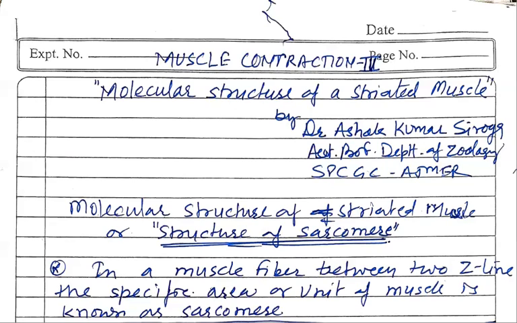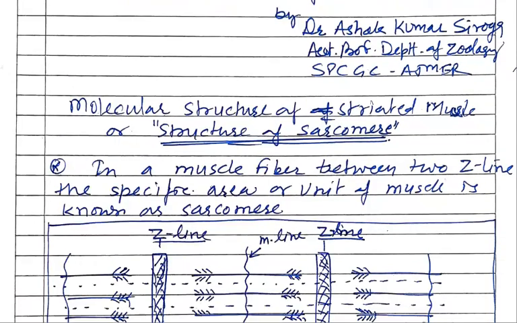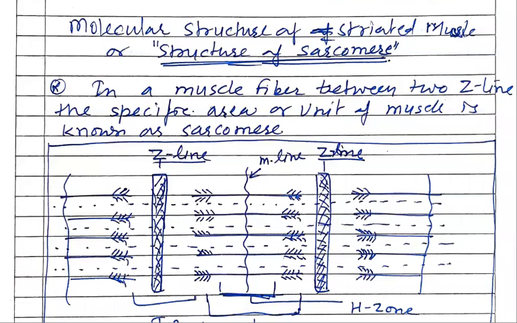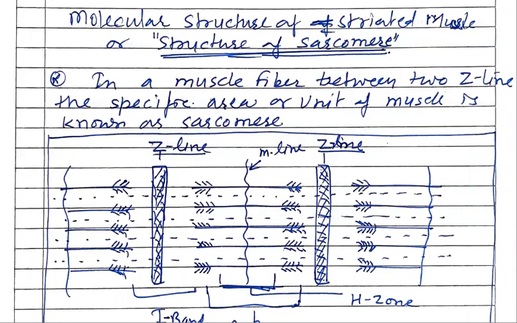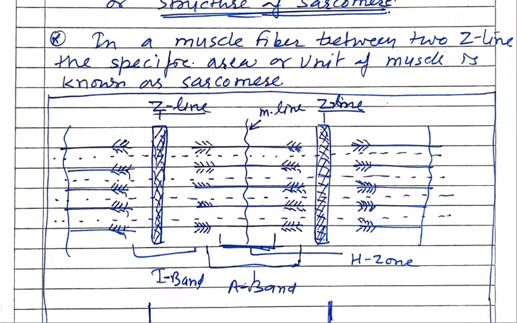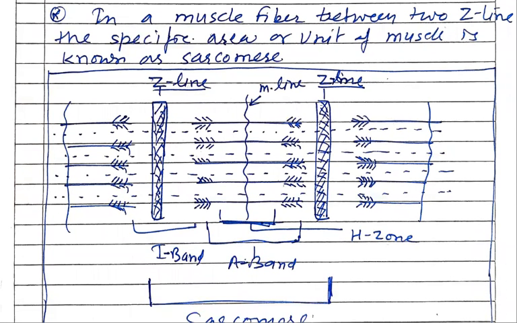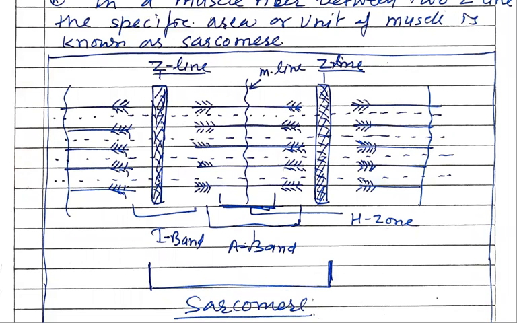In a muscle fiber, the specific area between two Z lines is known as the sarcomere. So the sarcomere is a unit of muscle.